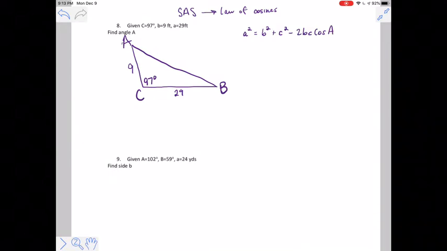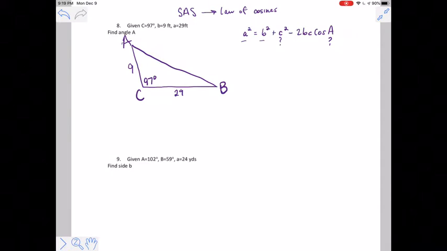So I know side A, and I know side B, I don't know angle A. And I don't know side C. And this is problematic. You can't solve an equation if you have 2 unknown quantities here.